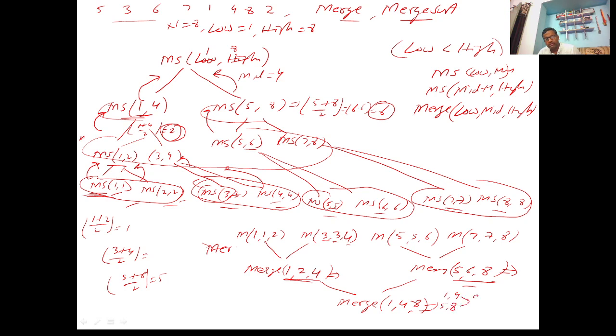Both of these lists are sorted. So they will be passed to merge. Merge will make a single list of 8 sorted elements. So this is the overall functioning, the overall recursion tree for the merge sort implementation. Is that fine?